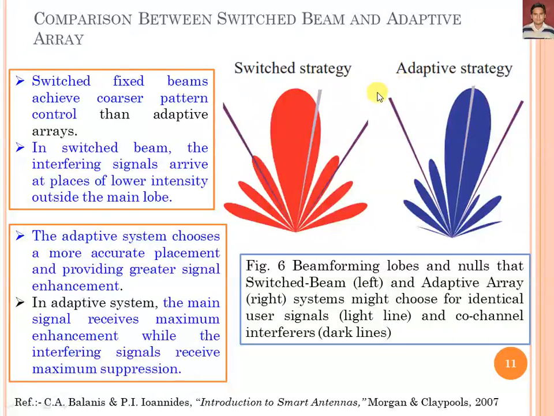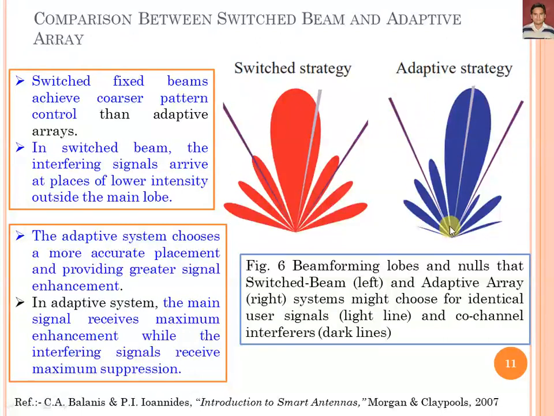But in the case of the adaptive system, the adaptive strategy is more accurate and prominent, providing great signal enhancement, as you can see from this figure. In the adaptive system, the main signal receives maximum signal enhancement and the interfering signal is reduced, or we can say suppressed.